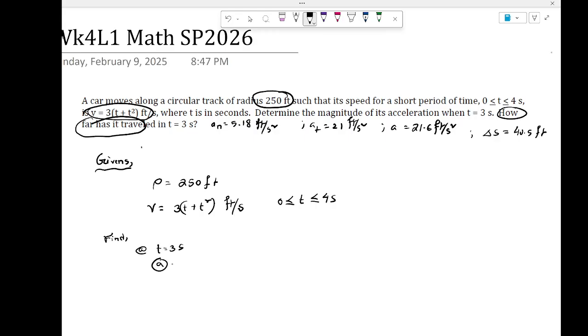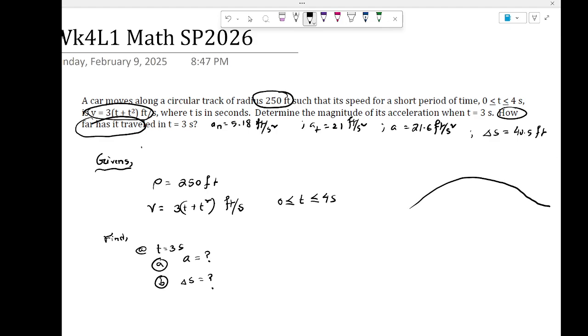Two things they're asking you to find. The first thing is, what is the acceleration? The second thing is how far it goes, del S. By looking into this equation, it could travel like this. Anything is possible. Let me try.